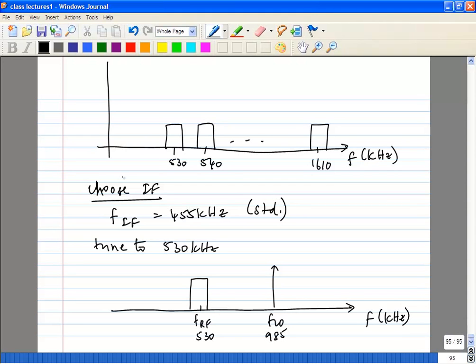What is your image frequency? 455 times 2 is what? 910. So it's 910 plus 530, which is 1440.